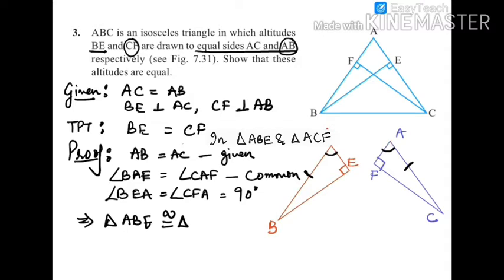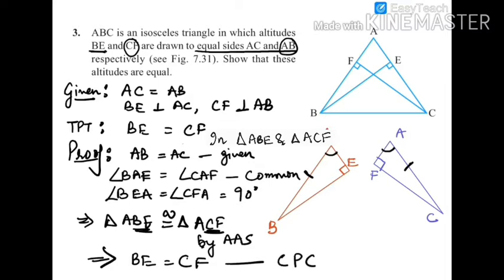A corresponds to A, E corresponds to F and B corresponds to C. So triangle ABE will be congruent to triangle ACF by angle, angle, side. So we can say that parts of these two triangles are also congruent or equal. So BE is equal to CF by CPCT, and that is what we have to show.